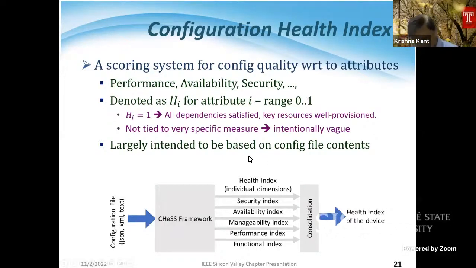That immediately points out a problem: when you're talking about a precise measure, there's a lot of detail associated with it, and depending upon what kind of detail you provide, you could have different answers. We want to avoid that. We want to get an index which generally says that this system is well configured from a performance perspective. So it's a vague notion, an intentionally vague notion, although that vagueness does cause some headache in terms of how you choose the parameters.